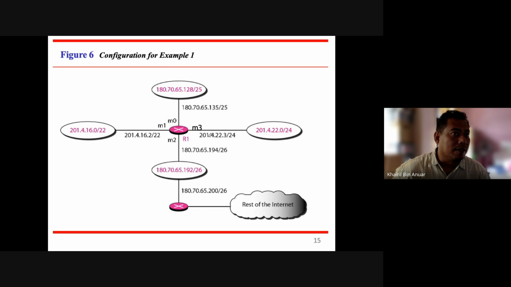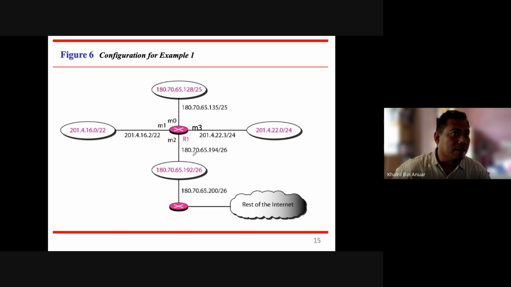Interface M3 is connected to the network 22.0.0/24, but the specific interface address is 22.3/24. And from here it has the 16.0/22 network, with the specific IP address 16.2/22 on interface M1.